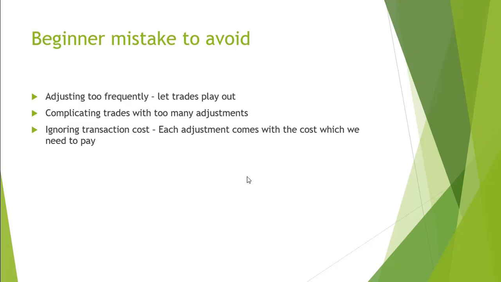Also, we should keep in mind that whatever adjustments we do, there is a cost for each adjustment. A few beginners do a lot of adjustments and ignore the transaction cost. Each adjustment comes with a cost which we need to pay, in brokerage and taxes, whatever applies to the legs we adjust.